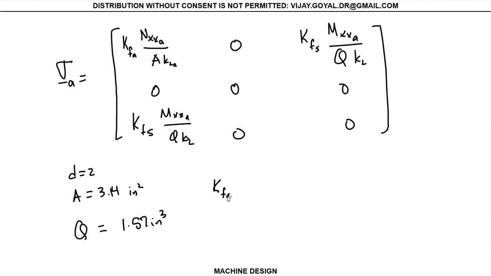Use your KFA equal to 1.16 and your KFS equal to 1.070. I plug in these numbers inside here for each one of these values, and you find that your alternate state of stress is equal to 16.29.